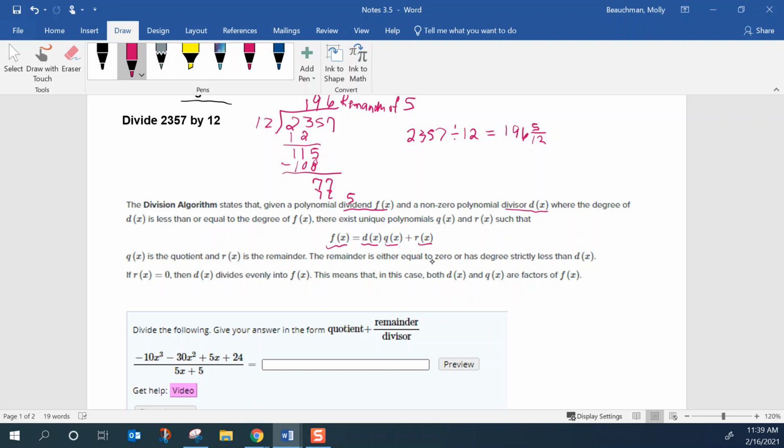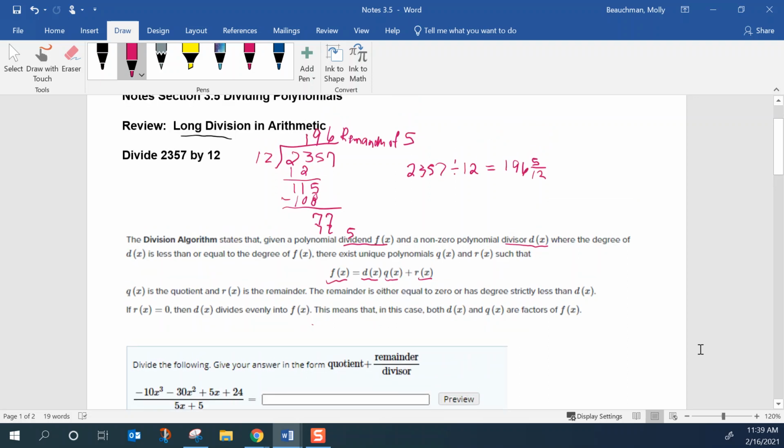The remainder is either equal to 0 if it goes in evenly, or has a degree strictly less than the degree of the divisor. If the remainder is 0, then your divisor divides evenly into f of x. And that means that d and q are factors of f.